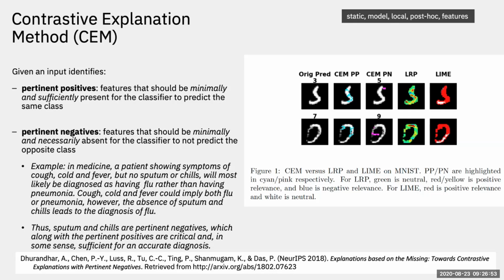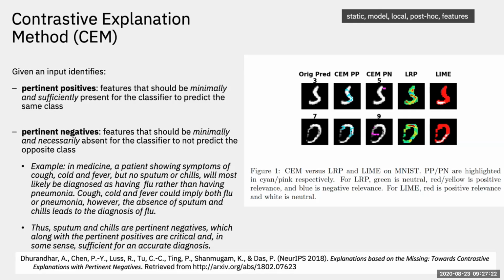Pertinent positives means the features that should be minimally and sufficiently present for a particular task to predict the same class. And the pertinent negative means just the opposite. It defines the features that should be minimally and necessarily absent for that particular classifier, so that it does not predict the opposite class.